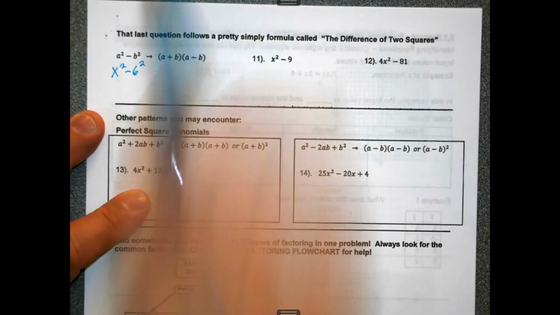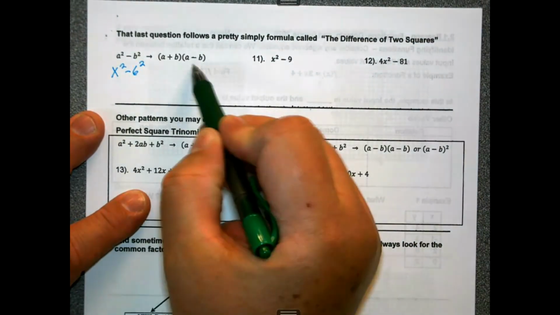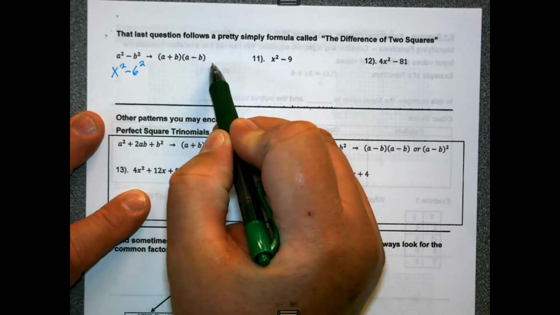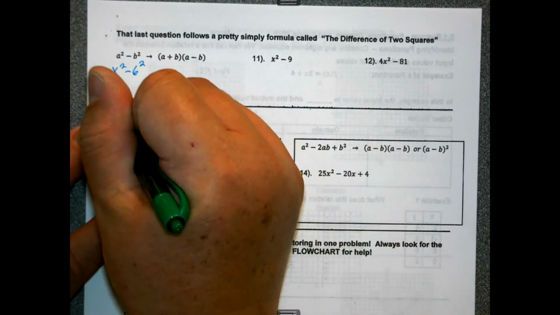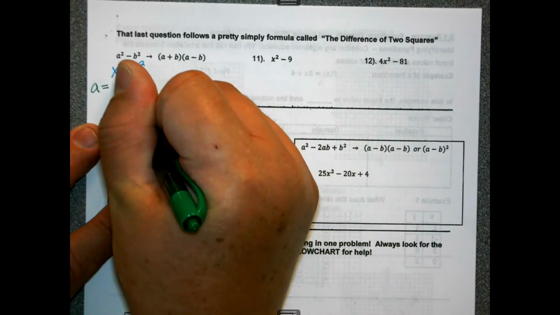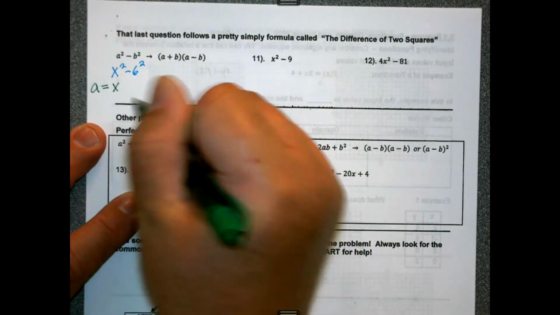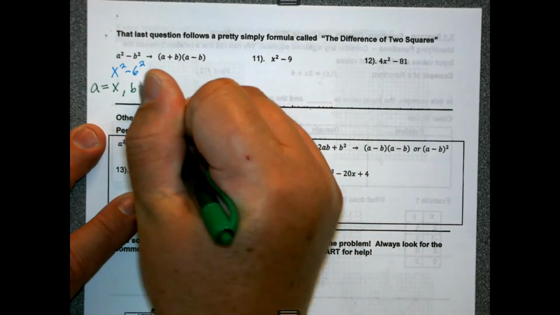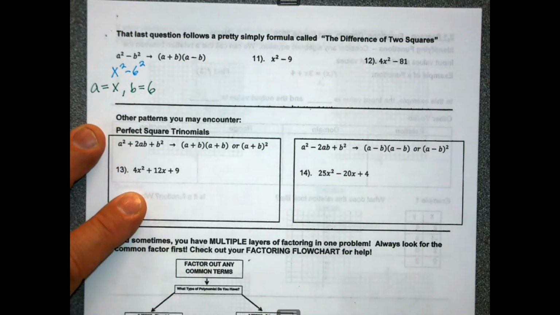Now, what we do is for the a and the b here, for the general equation, we use the bases. So my a is the base x, my b is going to be the base 6.